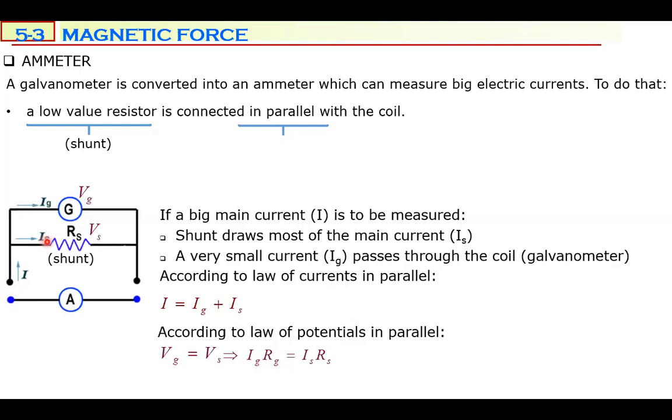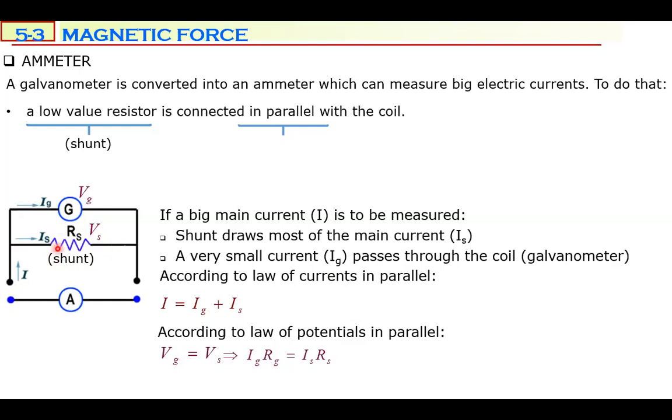And because the galvanometer and shunt are connected in parallel, their potential differences are equal: the potential difference across the galvanometer and across the shunt must be equal to each other. By using these two equations, we can find what the resistance of the shunt must be to use this galvanometer as an ammeter.